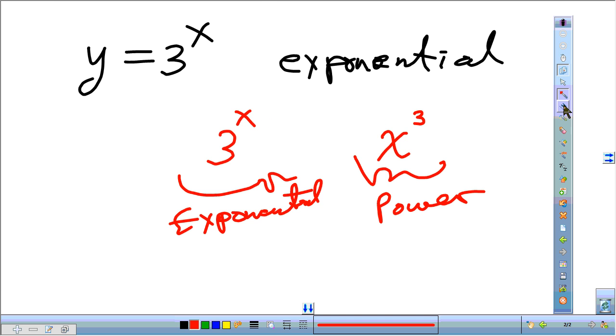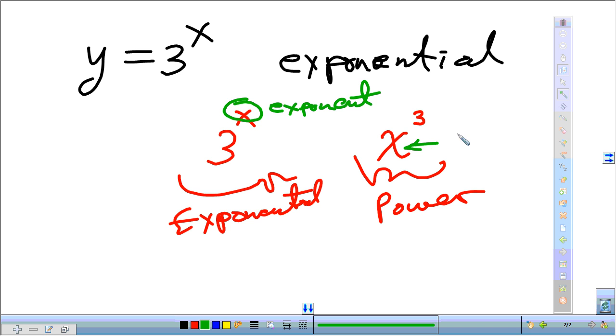And the difference is that the variable is an exponent when we talk about exponentials, and the variable is the base when we call it a power. So although they're similar, a symbol with an exponent, it depends on what's varying, whether we call it an exponential function or a power function.